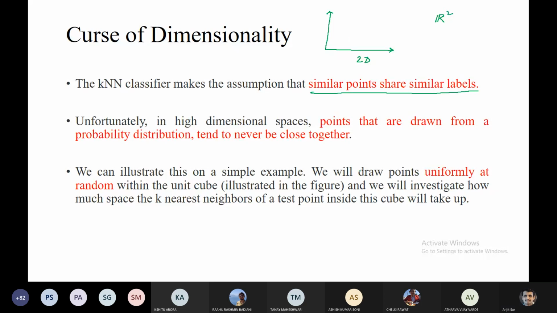But in high dimensional spaces, this is a very interesting point that I'm trying to make: points that are drawn from a probability distribution in a high dimensional space tend to never be close together. This is a bit complicated to understand or visualize.